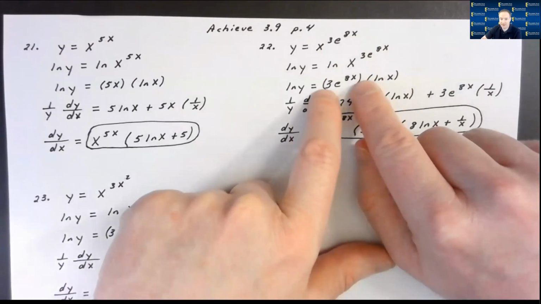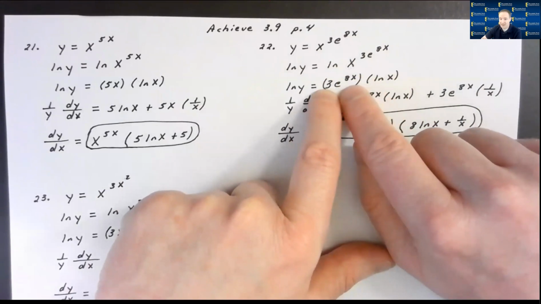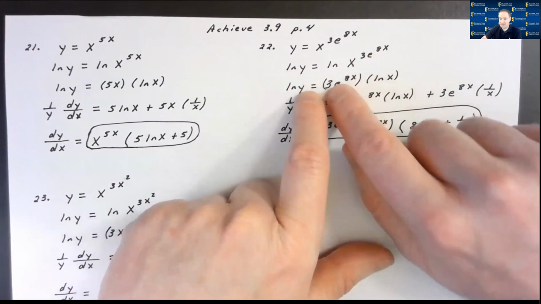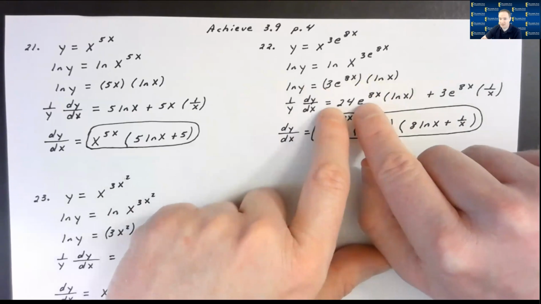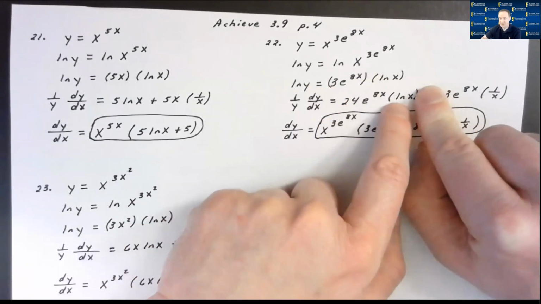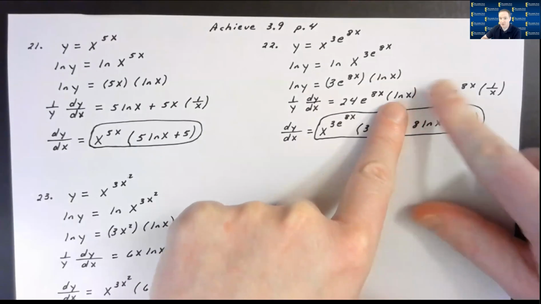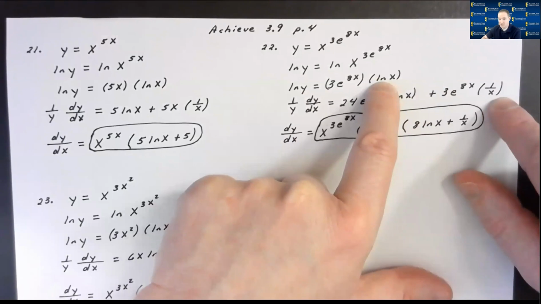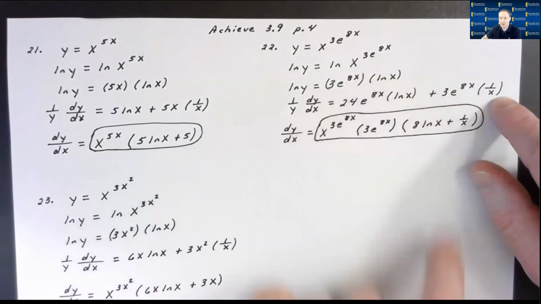The right-hand side, derivative of the first: derivative of any exponential function is that exponential function times the derivative of its exponent. That's why I said, well, that 8 times 3 is going to give me 24e to the 8x. All of that's derivative of the first times the second, natural log of x, plus the first, now times the derivative of the second, which is just our 1 over x.